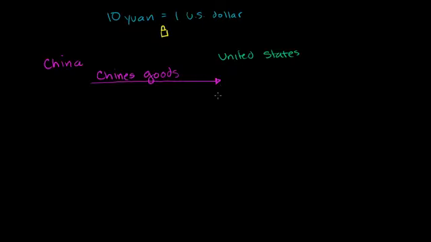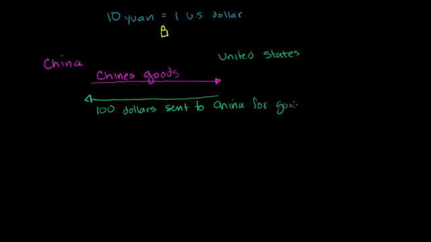And so we are paying, so let's say in this time period, let's say it's a year, that $100 is sent to China for the goods. And this is really just a summary of what we saw in the last few videos.